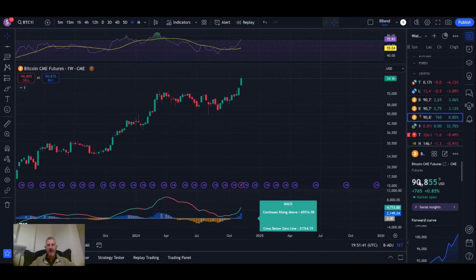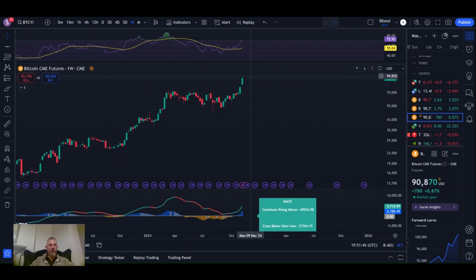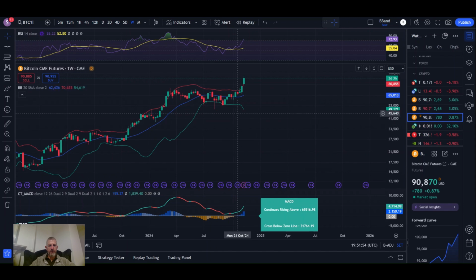Seems fairly likely to me, and therefore this potential weekly uptrend should remain intact. You can see nicely on the Bollinger Band that volatility expansion is occurring and will probably continue to occur based on this weekly closure, although there's still 2 days to go. So yeah, very much looks like more upside.